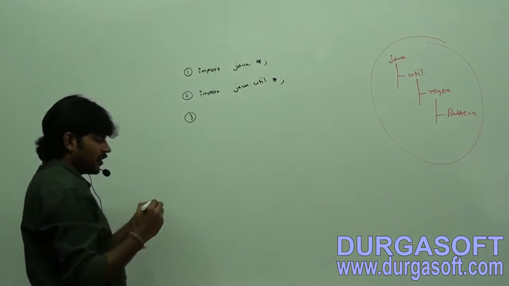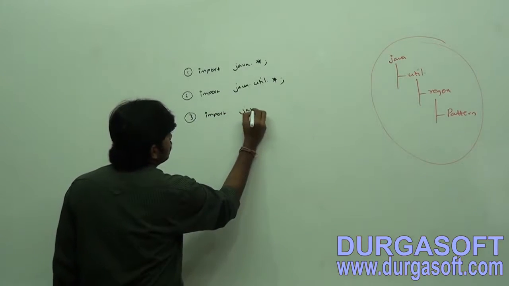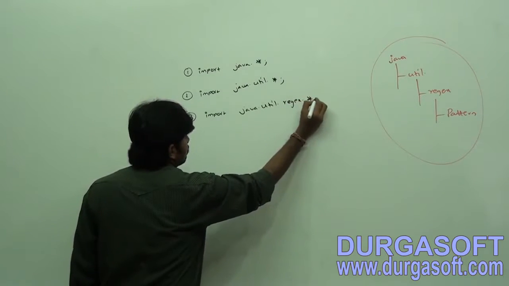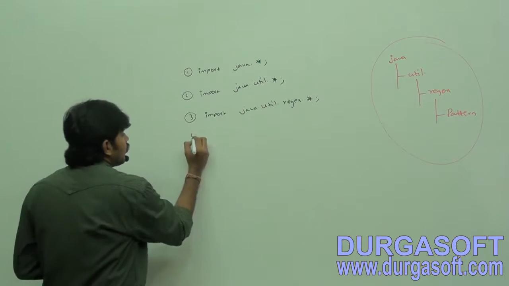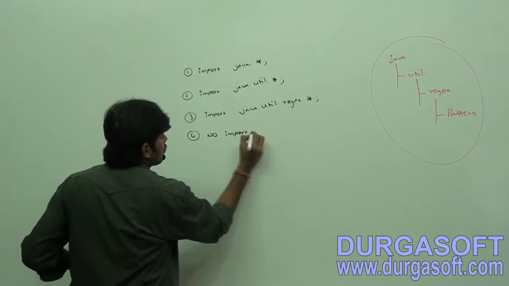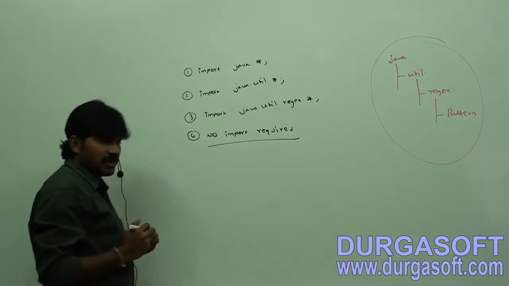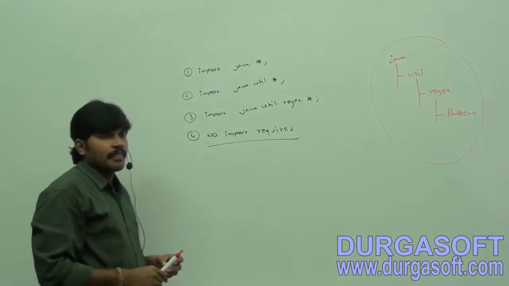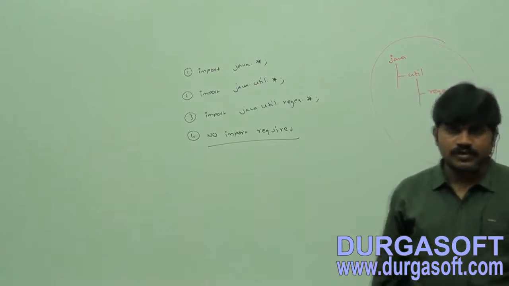Third one, import java.util.regex.*. Fourth one, no import required because by default it's available to every Java program. I have these options. Can you tell which import is required to use it? First, second, third, or fourth?